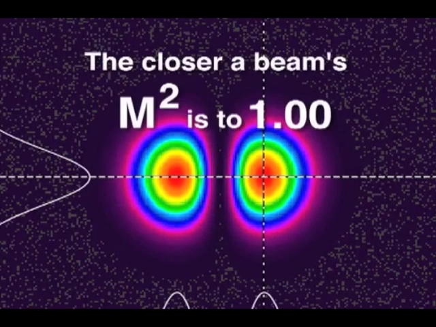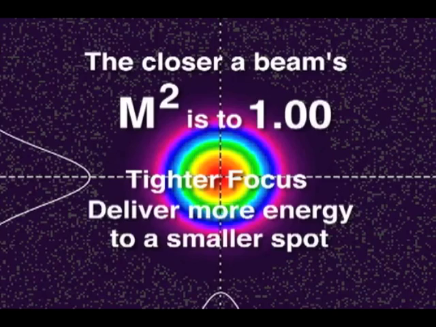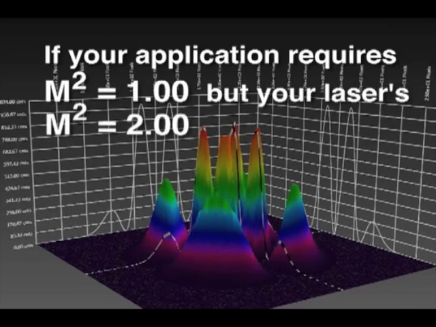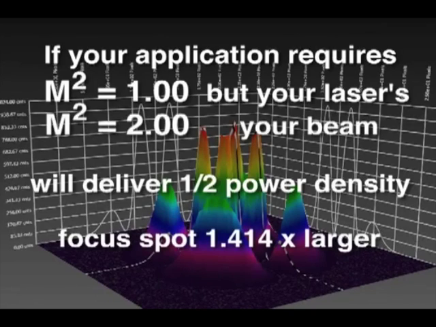The closer a beam's m² is to 1.0, the more tightly the beam can be focused, delivering more energy in a smaller spot. If your application requires an m² near 1, and your laser beam is an m² of 2, your power density is 1/2 of what it could be, and it will focus to a spot size 1.414 times larger.